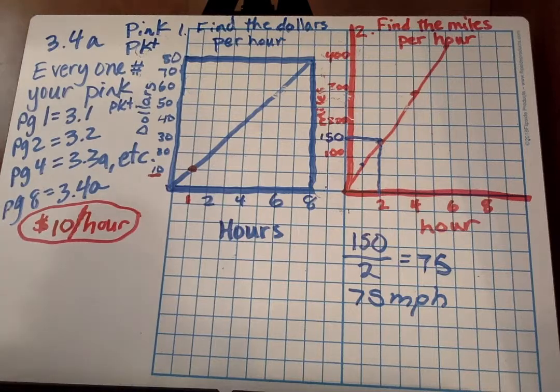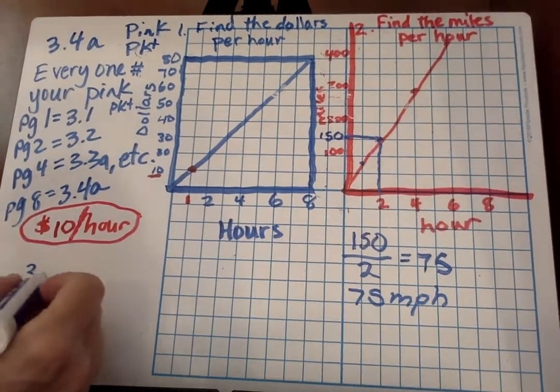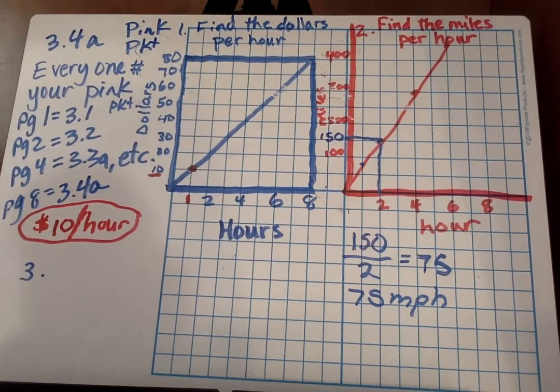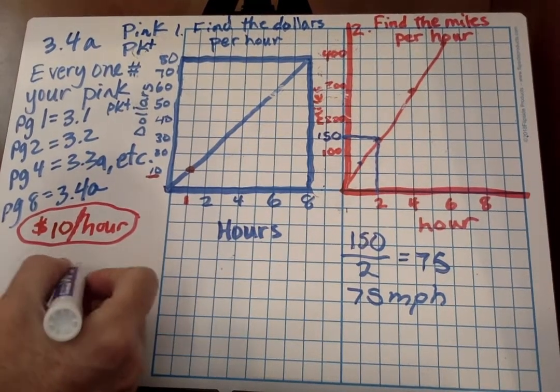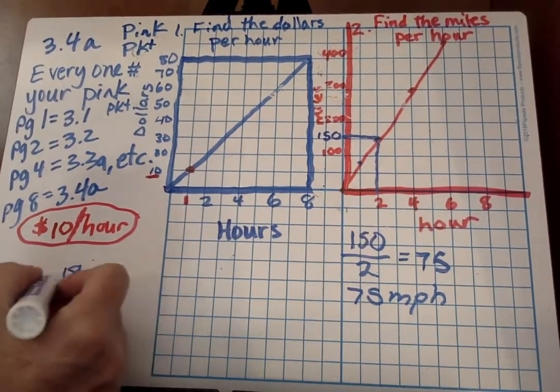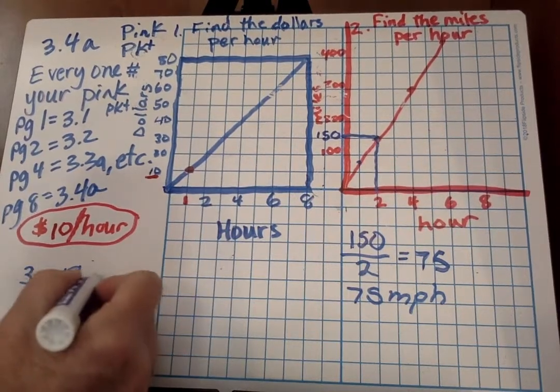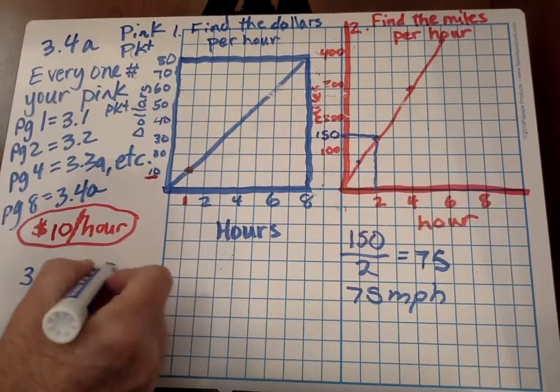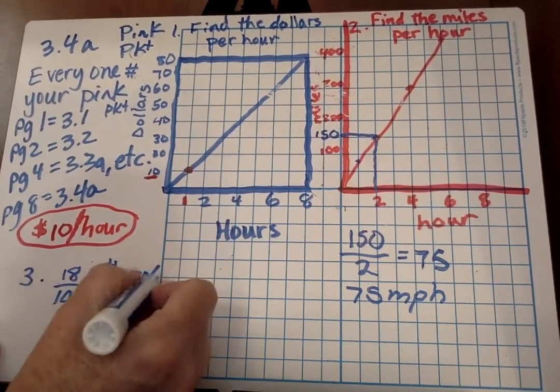So the next one on number 3, you have 10 pizzas. Oh, that's the profit you make off of 10 pizzas. So it's $18 off of 10 pizzas. 18 divided by 10 equals the profit, which is going to be $1.80 per pizza.